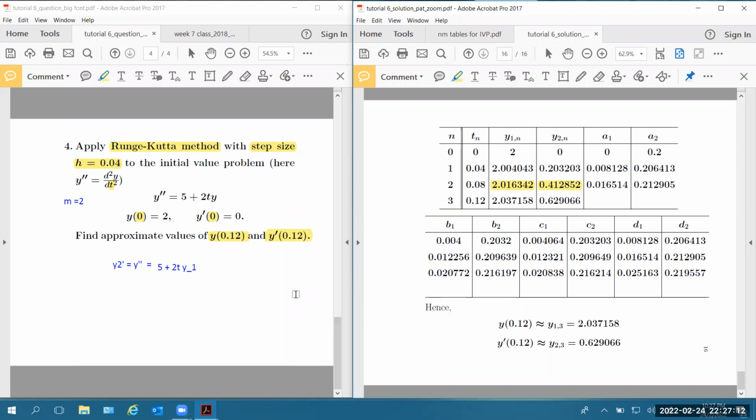Because this one is already pretty long-winded. But the question for m equals to 3 will be way worse. Of course, for Runge-Kutta, if you have m equal to 3, that will be terrible. Yeah, I agree with you. Runge-Kutta with m equal to 3 will be terrible.